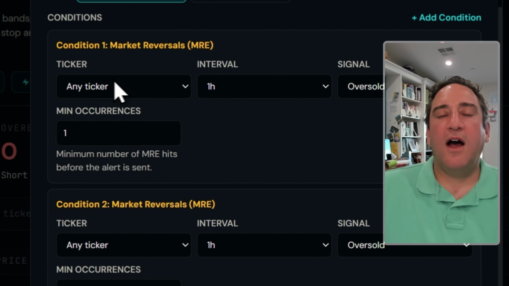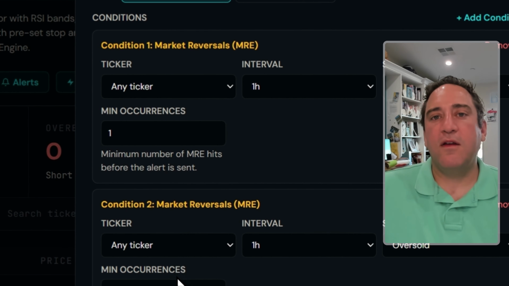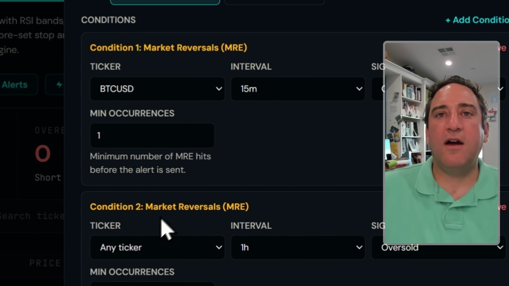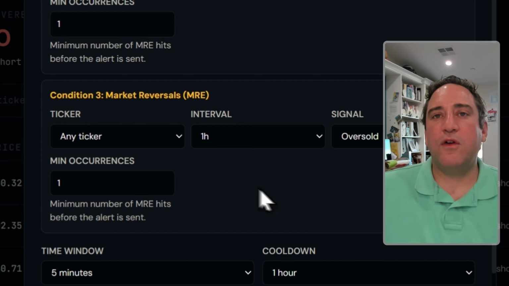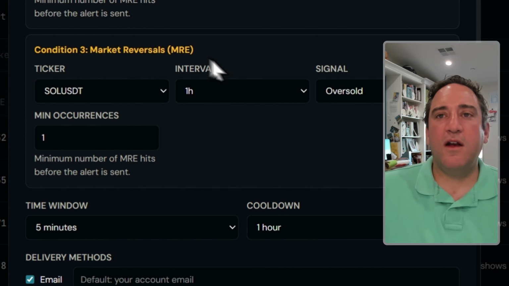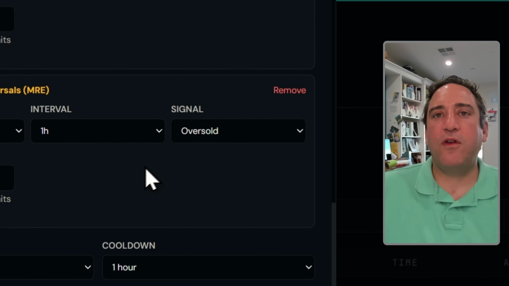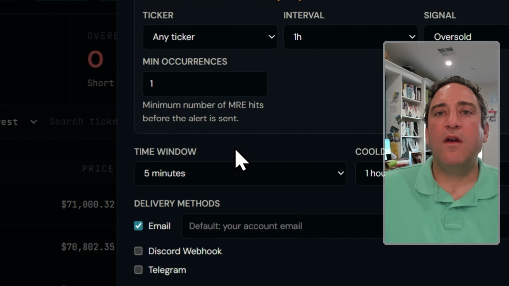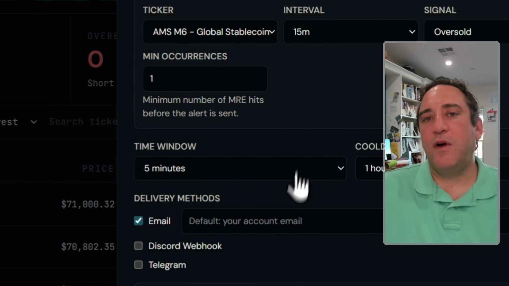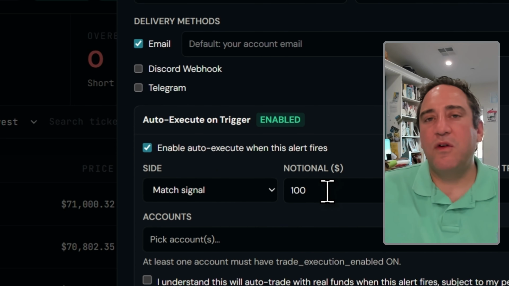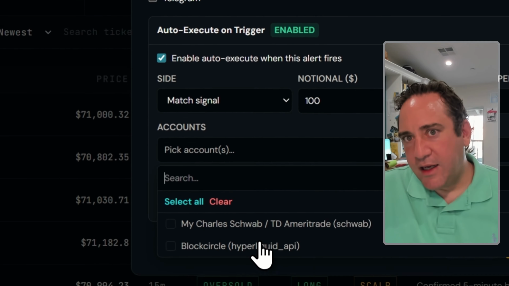So if you say, I want to know anytime that Bitcoin on the 15-minute is oversold, and I want to know anytime that Ethereum on the 15-minute is also oversold, and I want to know anytime Solana on the 15-minute is oversold, and I want a 4th condition to say anytime that the global stablecoin dominance on the 15-minute is also oversold, I want to immediately go and buy up to $100 of any account that I want.